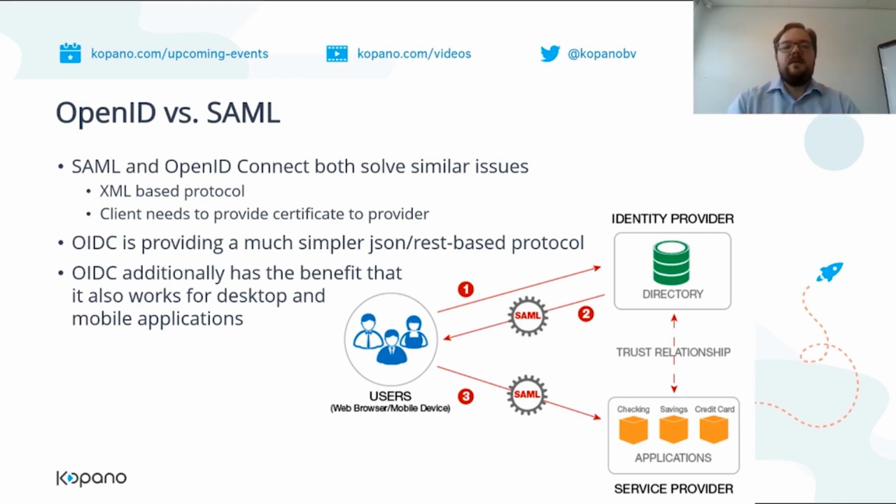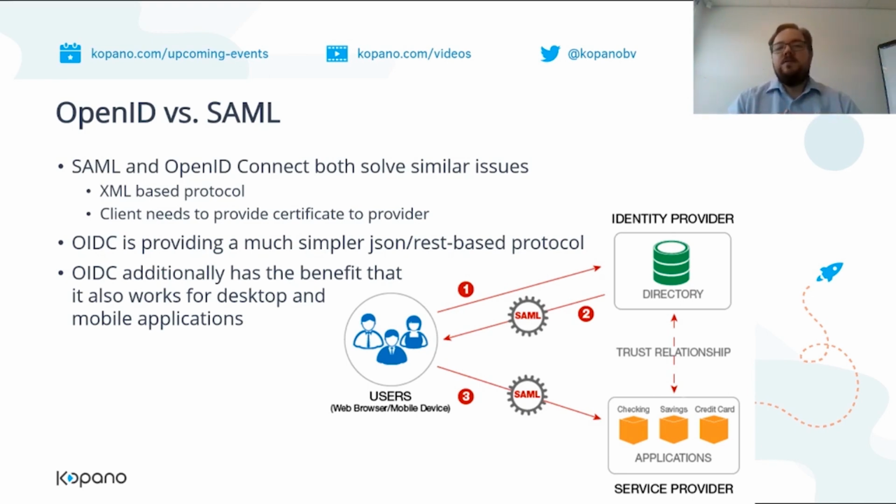It's an XML-based protocol, whereas OpenID Connect as an architecture and as a protocol is a lot simpler, because it's simple JSON with a REST-based interface to get additional user information. In both cases, you just have to make sure that DNS records are in place, your systems can resolve each other and talk with each other, and that communication can be done securely through HTTPS.